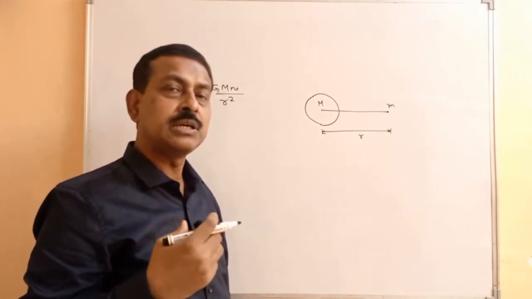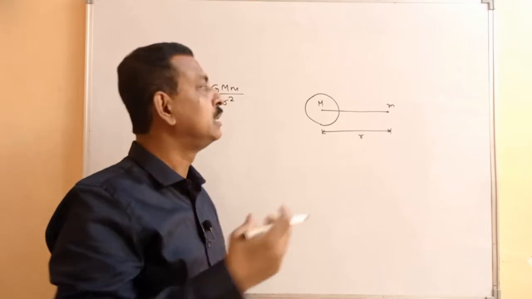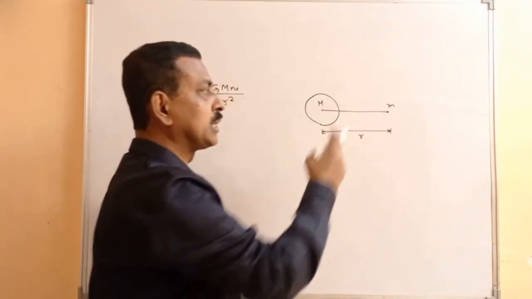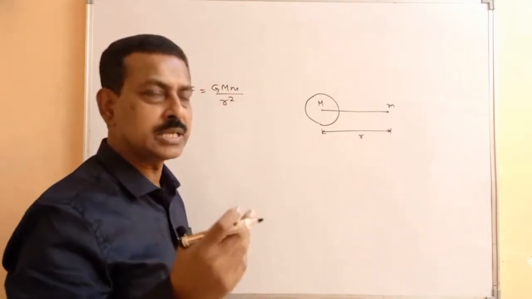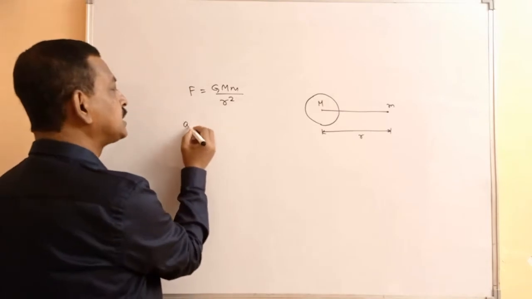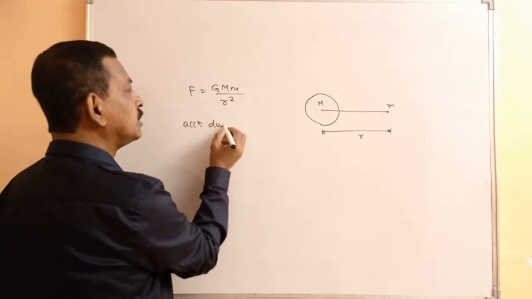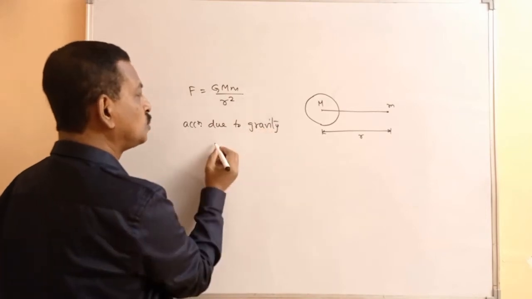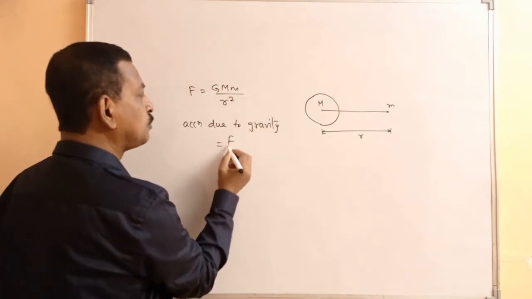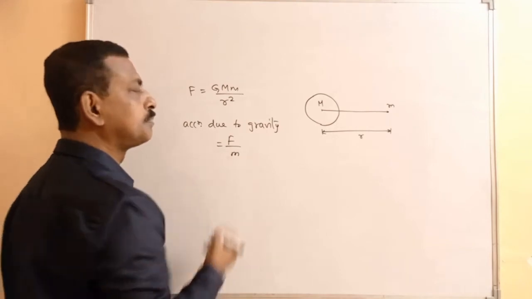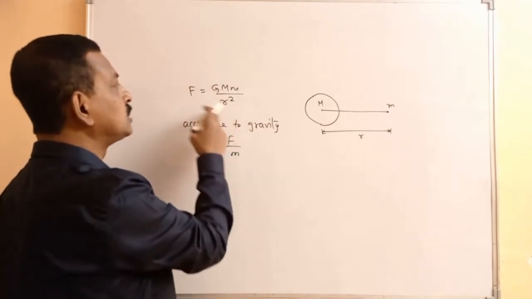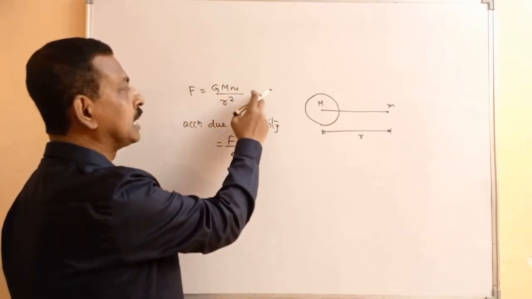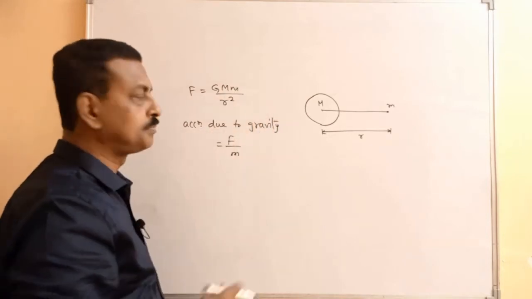Now if you consider what is the acceleration acting on this particular body of mass m. So acceleration due to gravity will be equal to F by m, because force is mass into acceleration.